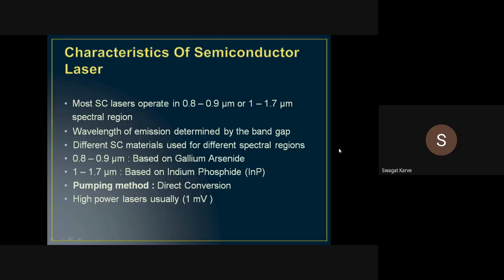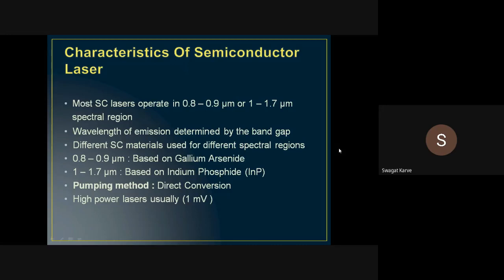And in some cases it may be in the 1 to 1.7 micrometer spectral region. The wavelength of emission is determined by the band gap. Okay, whatever the band gap of that particular semiconductor material, that determines the wavelength of emission. This is the second characteristic. Thirdly, different semiconductor materials are used for different spectral regions, as I told you.